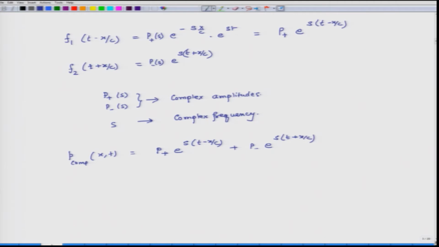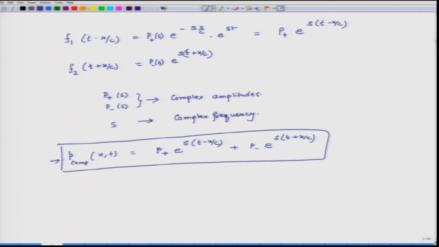And so, this is an equation which gives us complex pressure as a function of x, which is position, and time, x and t. But what we are interested in finding out is the actual pressure, the real pressure.